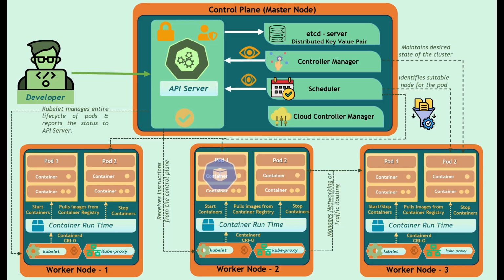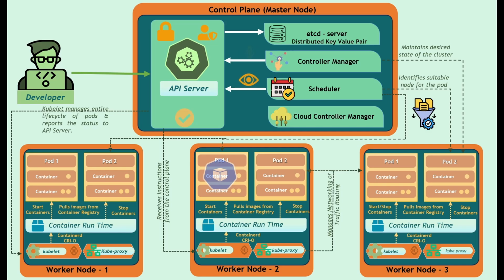Every cloud provider has some Kubernetes service. Amazon has EKS, Elastic Kubernetes Service, Microsoft has AKS, Azure Kubernetes Service, and Google has GKE, Google Kubernetes Engine.